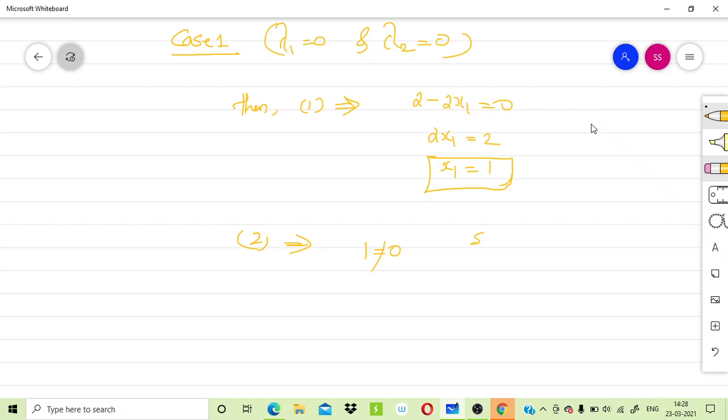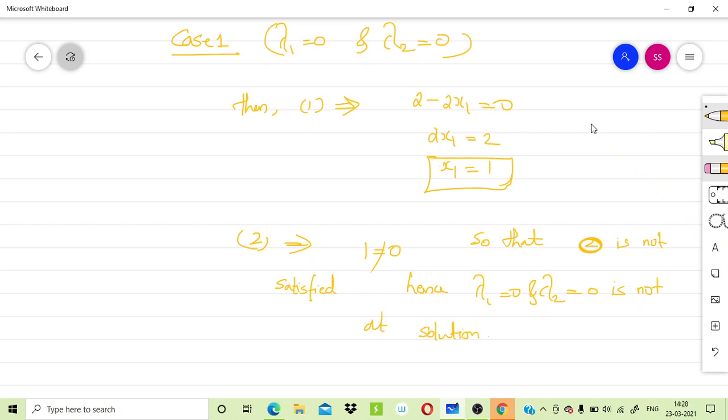So equation 2 is not satisfied, hence lambda 1 equal to 0 and lambda 2 equal to 0 is not a solution.